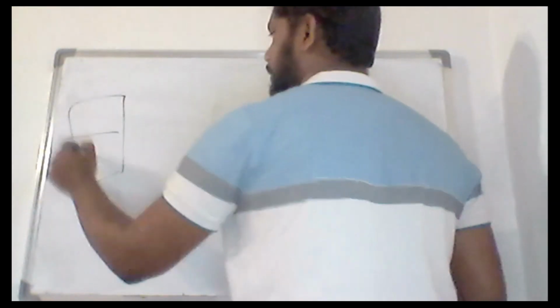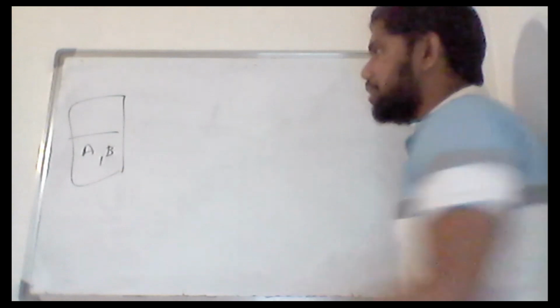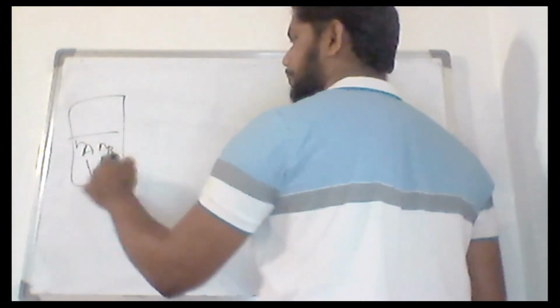Right, so we have the equilibrium of A and B. This is Na and Nb in the liquid phase.